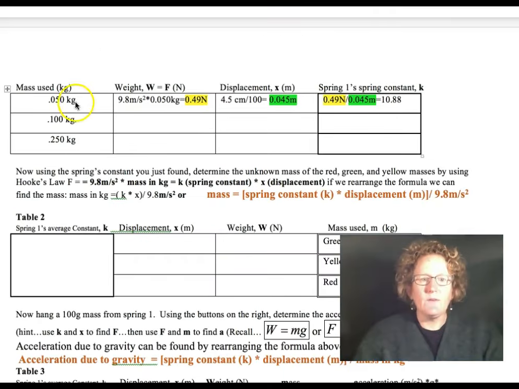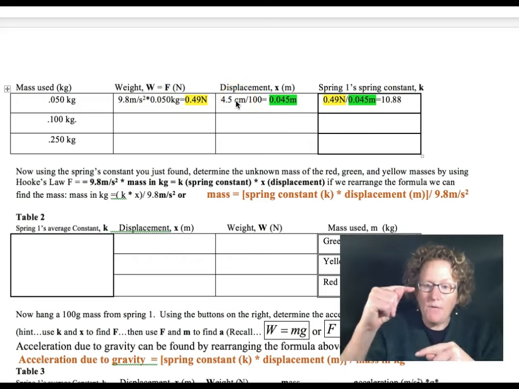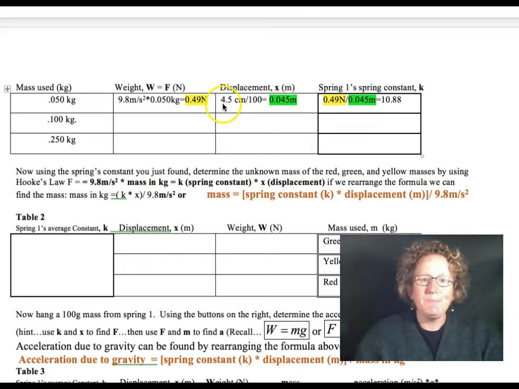We'll go through that calculation one more time. So use the mass multiplied by 9.8 meters per second squared to get the force. That's what's in yellow here. Then take the centimeters, the displacement, what you measured with the ruler in the simulation, how far the spring stretched once the mass came to a rest. Divide the centimeters by 100 to get meters.